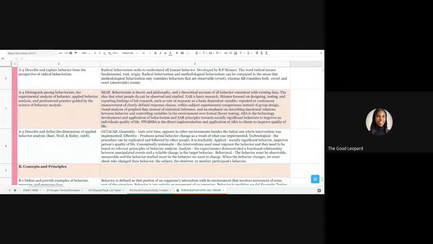What we did worked. It's not necessarily about making sure it's socially significant, because that's the applied, but you want to be able to see that what you did caused a change in the other person. So that's effective. Did it work? That's a question you need to ask yourself. Did what I did work?